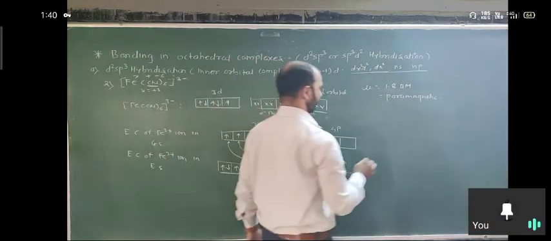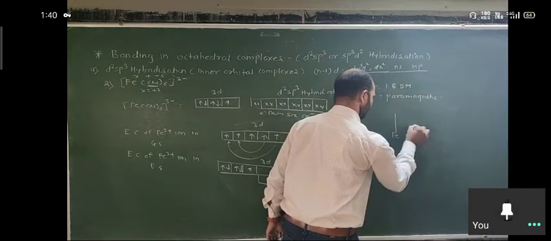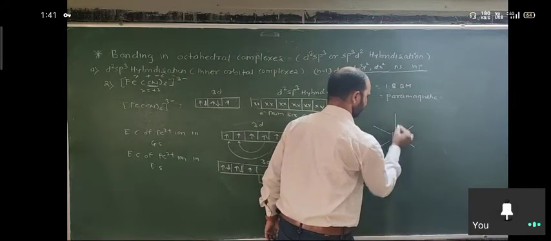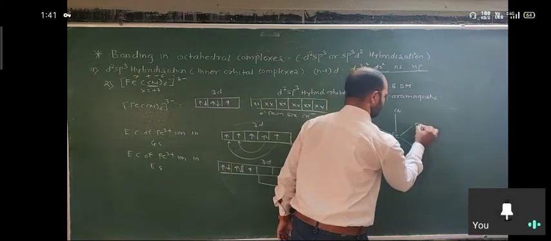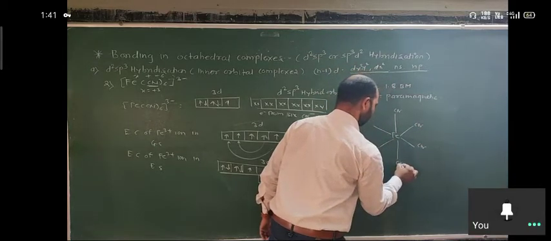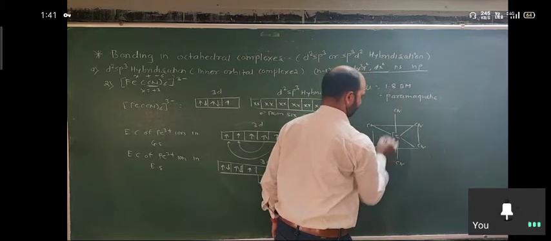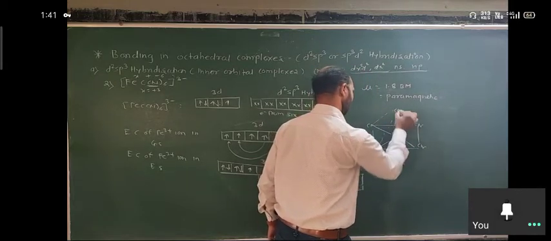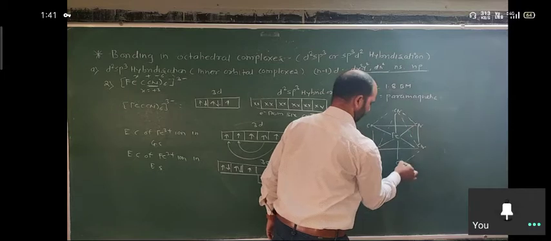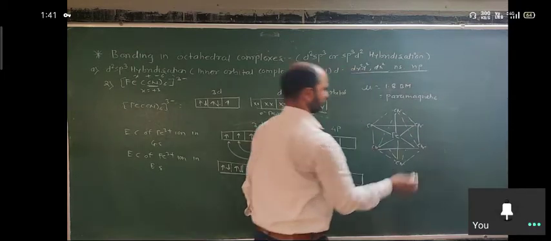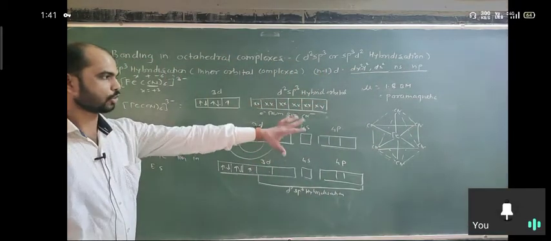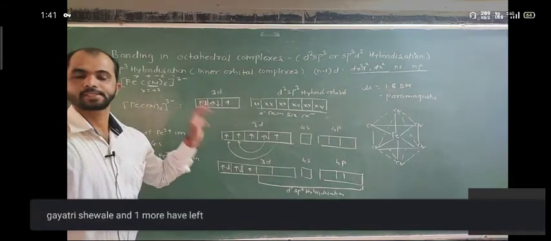That means here Fe with CN, CN, CN, CN, CN, CN. So this is the octahedral geometry of [Fe(CN)6]3-.